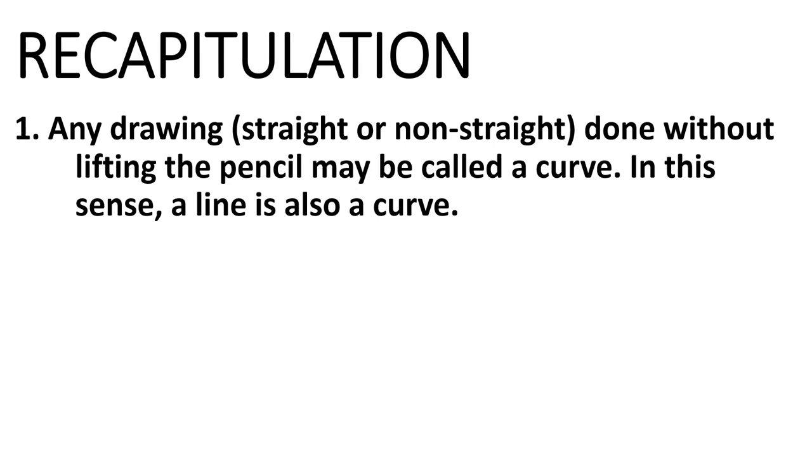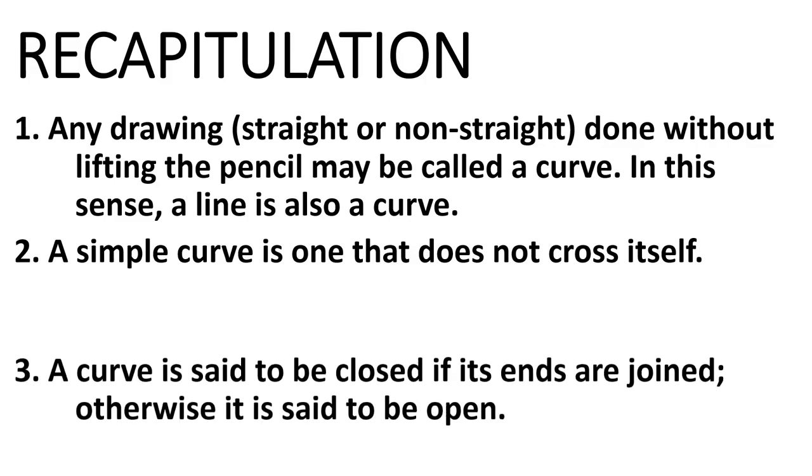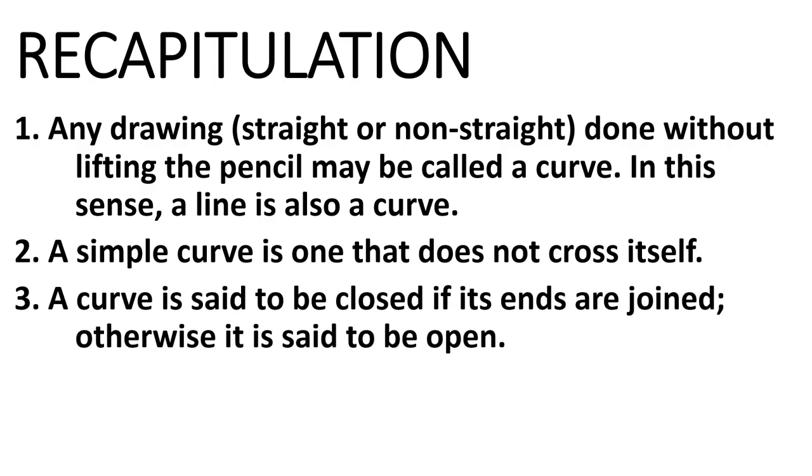Then we studied that curves are simple curve, closed curve and open curve. A simple curve is one that does not cross itself. A curve is said to be closed if its ends are joined.